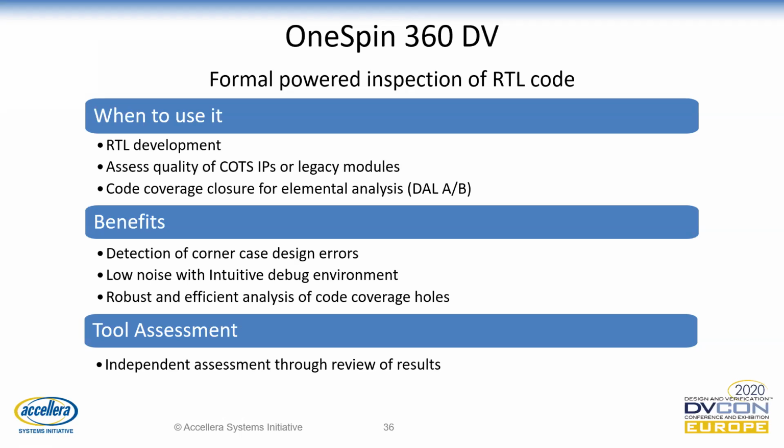The benefit is getting rid of corner case bugs in the design as soon as possible. It comes with low noise and an intuitive debug environment. It provides robust and efficient analysis of code coverage holes. You've seen the annotated source view, and it does a tool assessment, so an independent assessment for review of results.